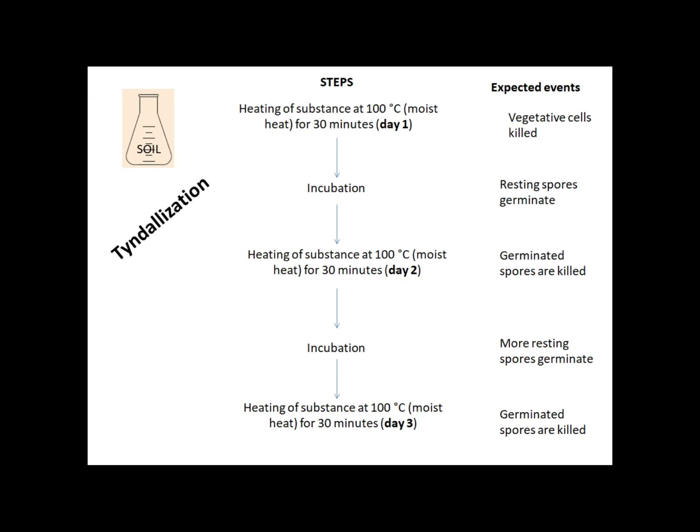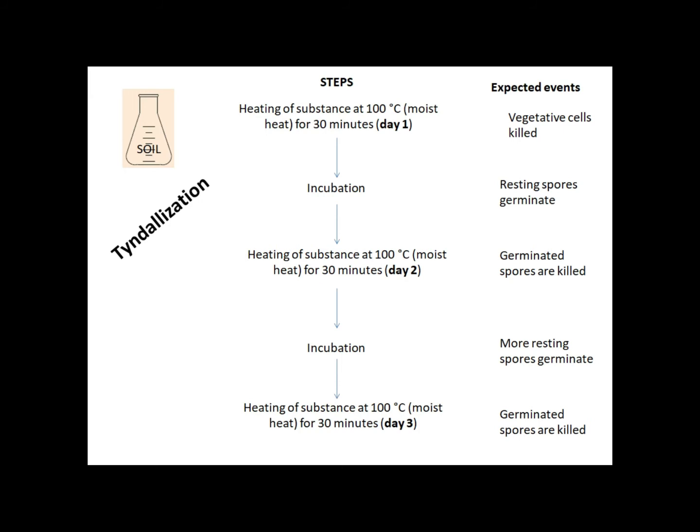Incubation is done at room temperature. Again on the third day, the substance is heated at 100 degrees Celsius for 30 minutes. So a process of heating repeatedly over a period of 3 days can ensure killing of microbes from the soil sample completely.